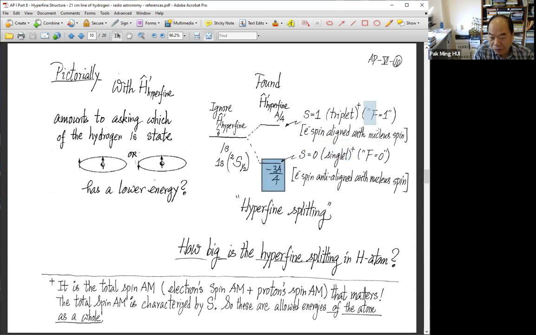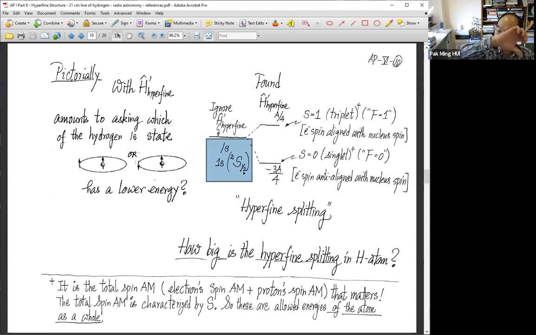Here in astrophysics books, you may see the usual notation using F as the total spin of proton and electron. Okay, but it is the same physics. And now let me introduce the name. This is hydrogen 1s.